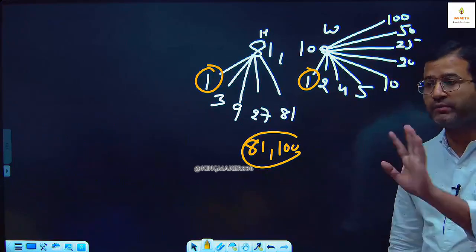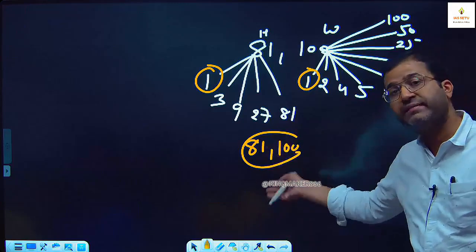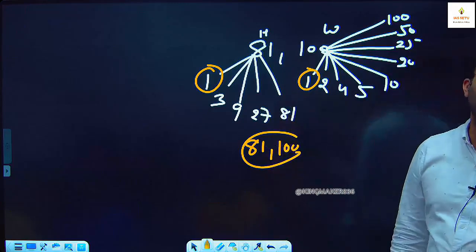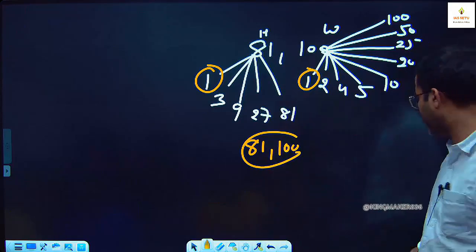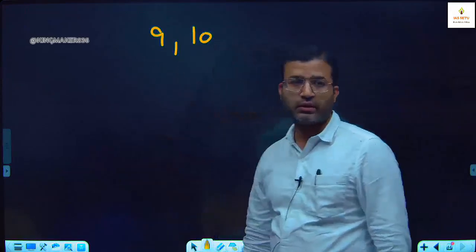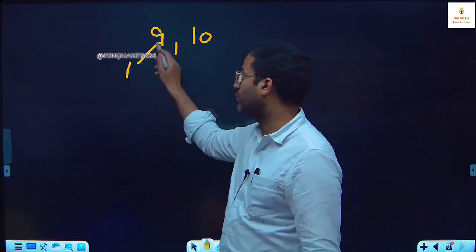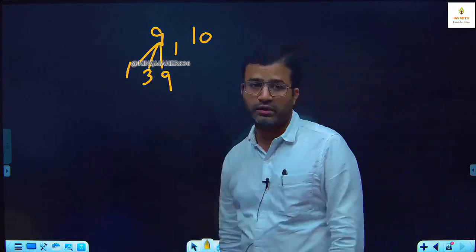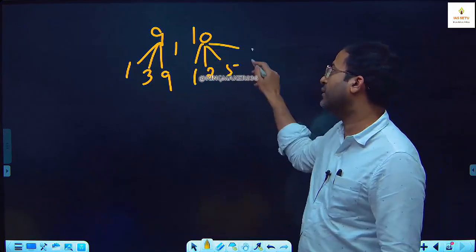For any two natural numbers, there is no condition that they must be prime. Composite numbers can also be co-prime provided that they have only one common factor. Like I take the example of 9 and 10. 9 is composite, 10 is composite. What are the factors of 9? 1, 3, 9. What are the factors of 10? 1, 2, 5, 10.